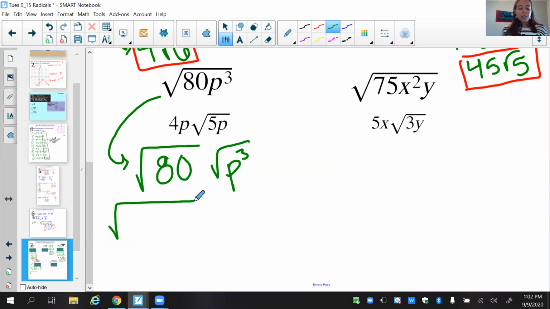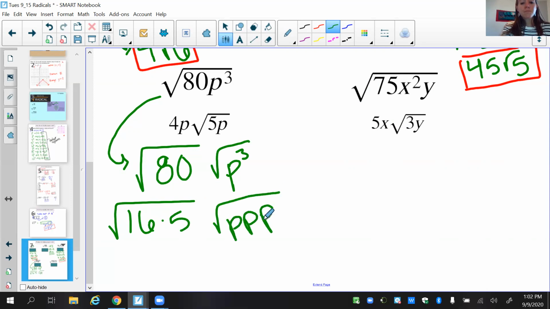Let's do 80 divided by 16. Wow, that works. Let's do 16 times 5. And if I look here, that's p times p times p. Okay. The square root of 16 is going to be by itself. Okay, and remember that this is all multiplied together.